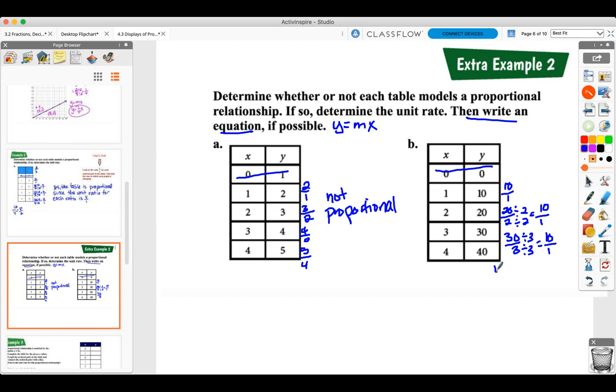And the last one, 40 over 4, divide by 4, equals 10 over 1. And these all have the same unit rate. So unit rate is 10 over 1, and your equation is y equals 10x. And you can write that one totally fine, but I have the habit of writing it like this.